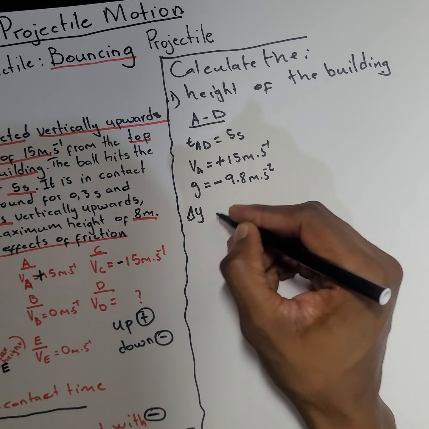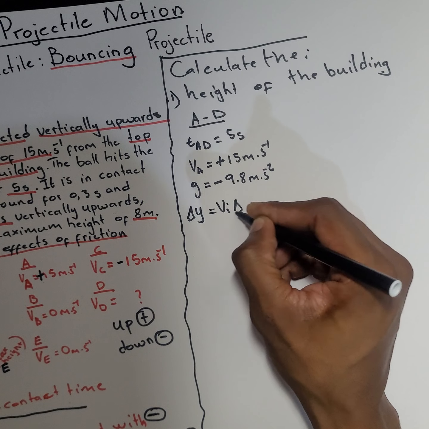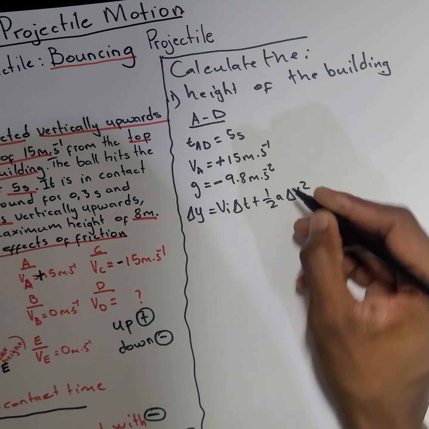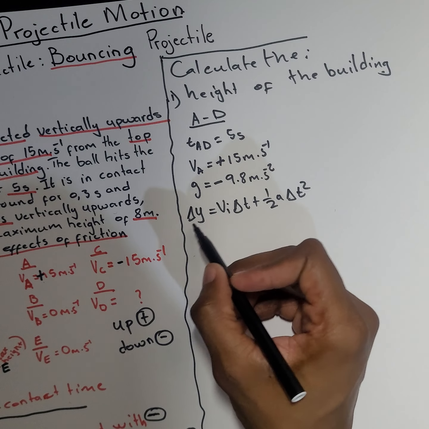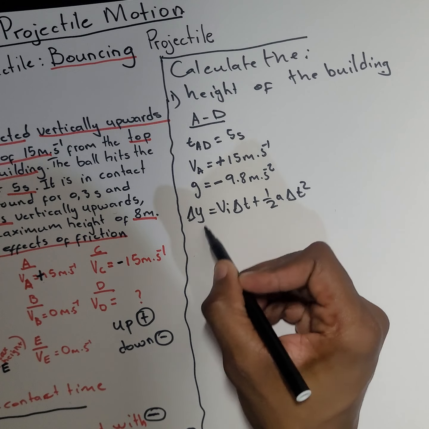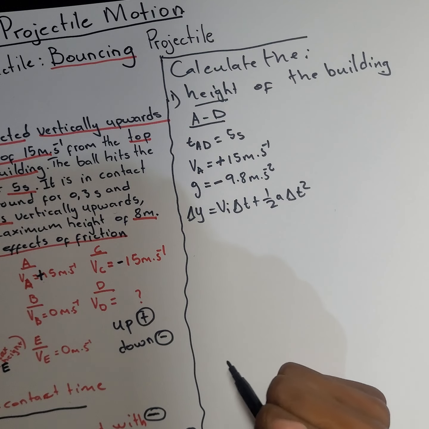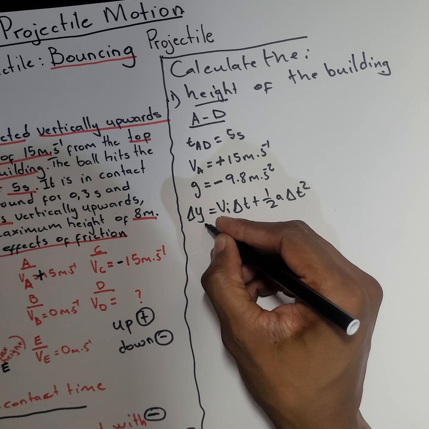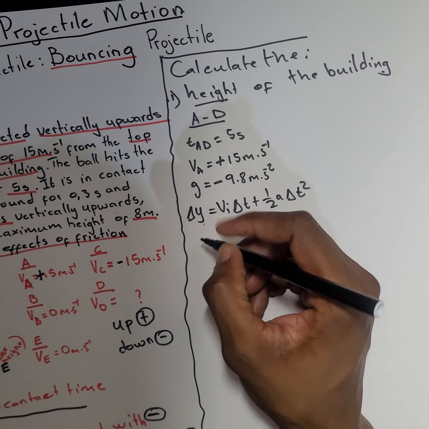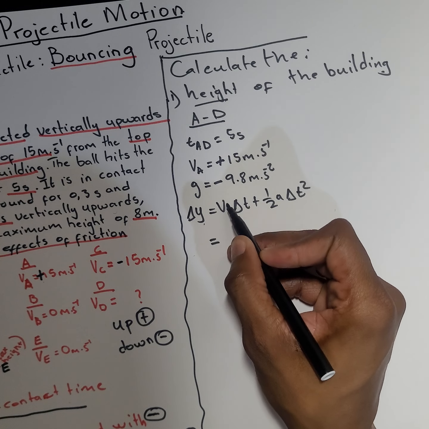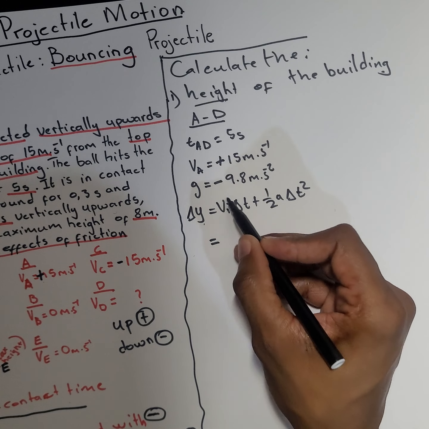delta y is equal to v initial delta t plus half a delta t squared, because now this formula of mine has delta y, and delta y will now give me the height of the building. So I will say now this is the height of the building, equal to, what is my v initial?